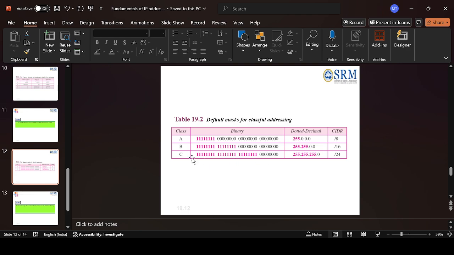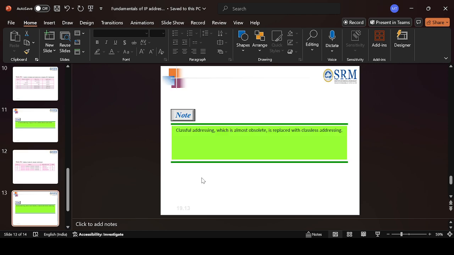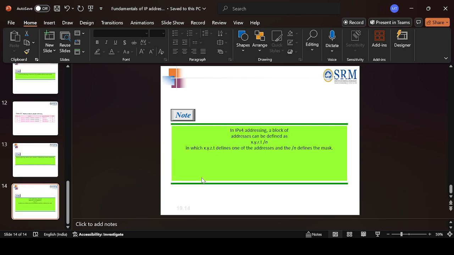And for class C, the mask value is 255.255.255.0. In CIDR notation, it is /24. Usually an IP address is represented in this format: IP address followed by /n, where n indicates the mask value.